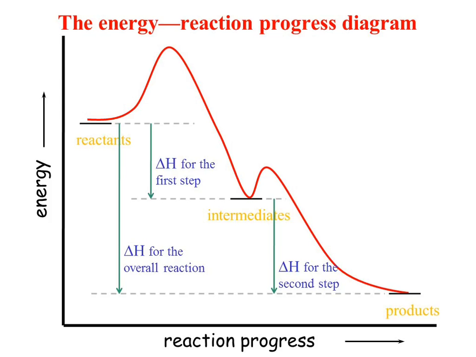Now, activation energy? Yes. Activation energy for the first elementary step is right there. Activation energy is from the reactants to the hump. Okay? So for the second elementary step, it's from the reactants, which are intermediates, to the hump. So there's the cute little activation energy of the second elementary step.